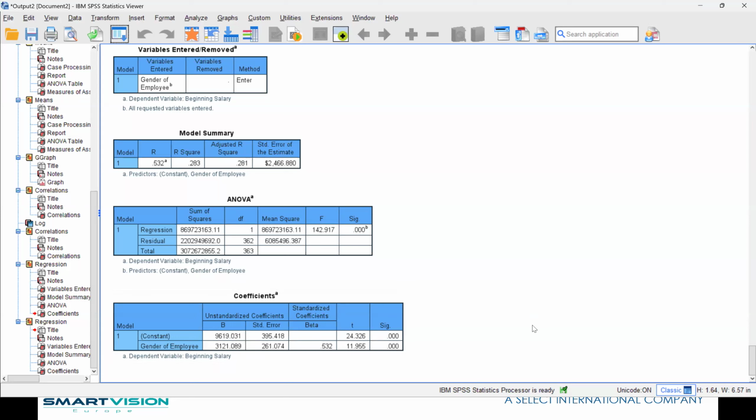So now we've got this problem because we know that one thing predicts the salary and the other thing predicts the salary as well. And we're saying, well, which one's important? Well, this is the bit we're leading up to.